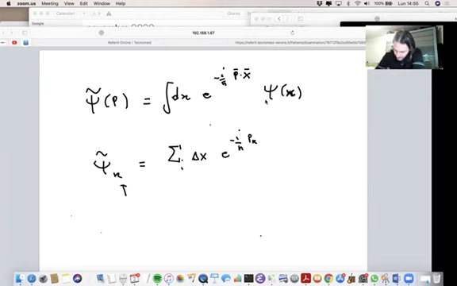And this will be the position of my functions, and then I'm summing over functions.